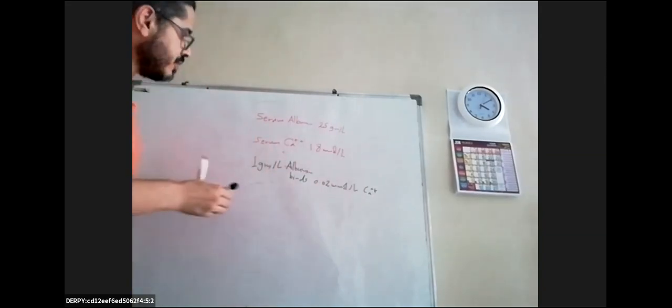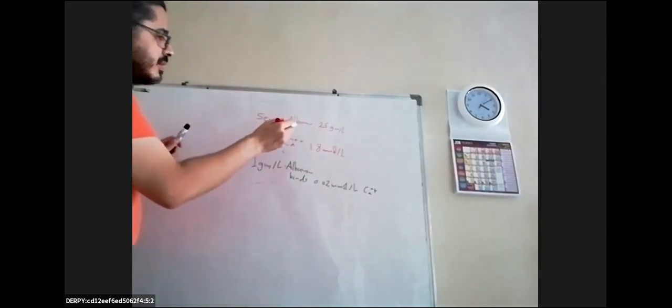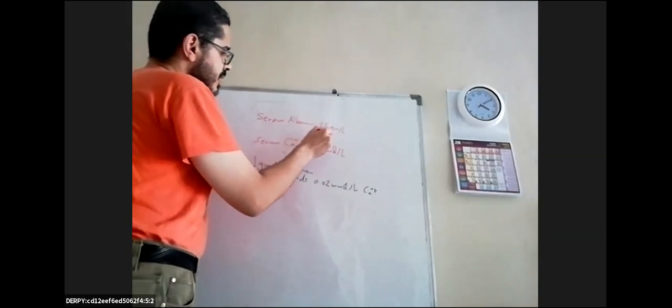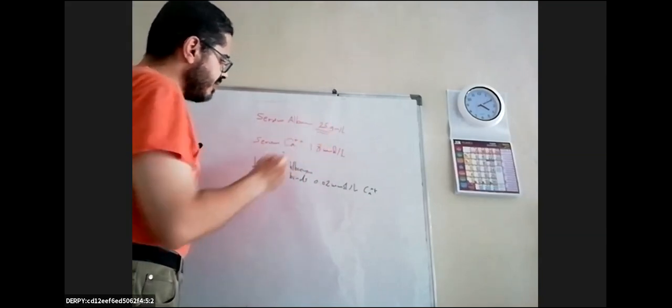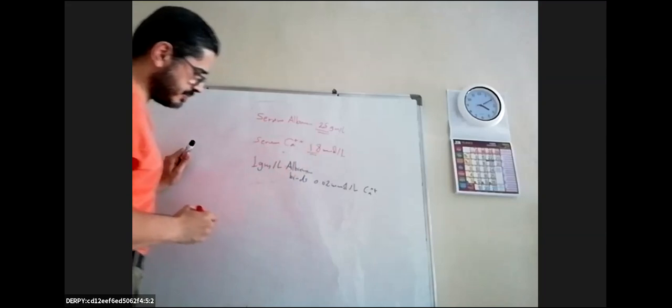So I give you an example. This one: serum albumin 25, serum calcium 1.8.